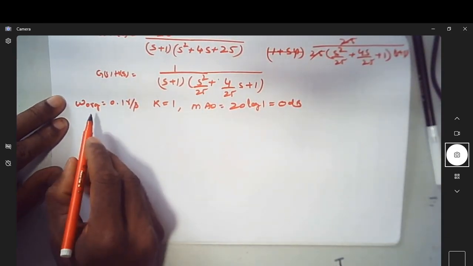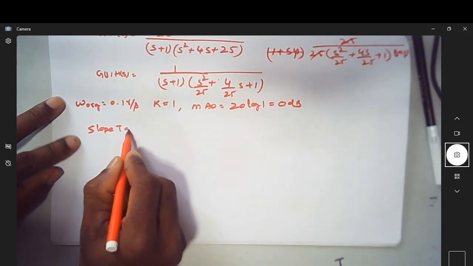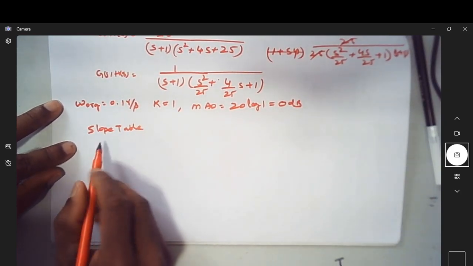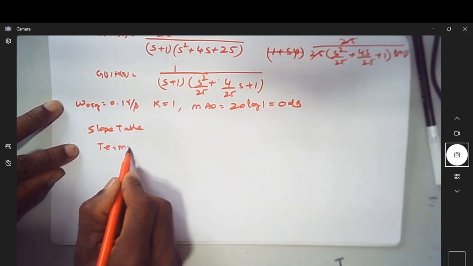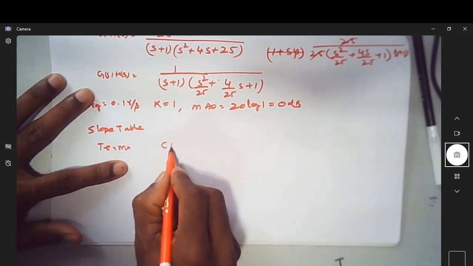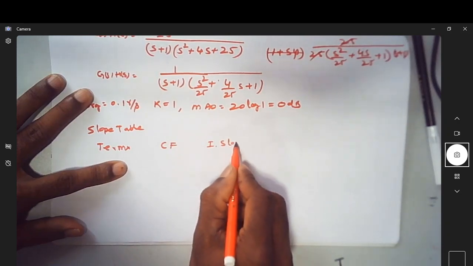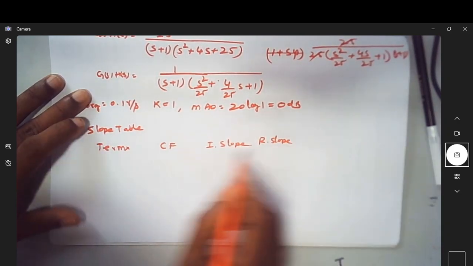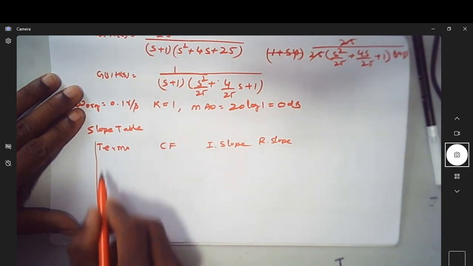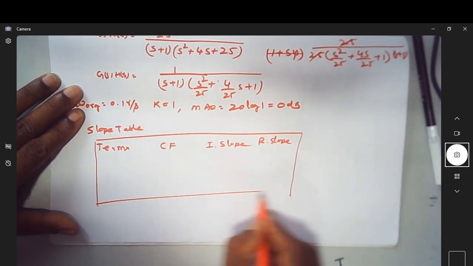So let me write the slope table. Let us list all the terms. Here you have the terms, the corresponding cutoff frequency, the individual slope, and the resultant slope of the entire system. So let us list all of them for the given transfer function.